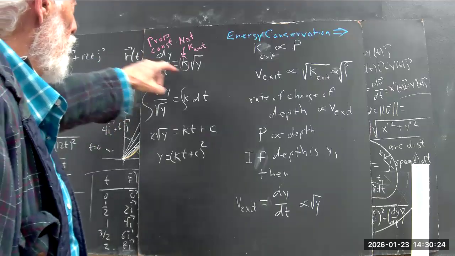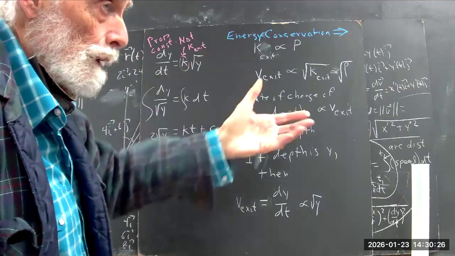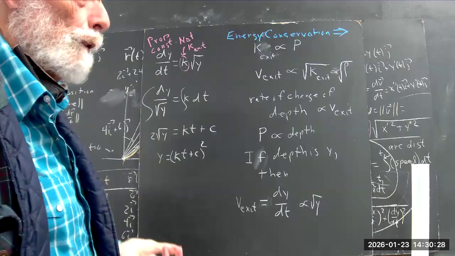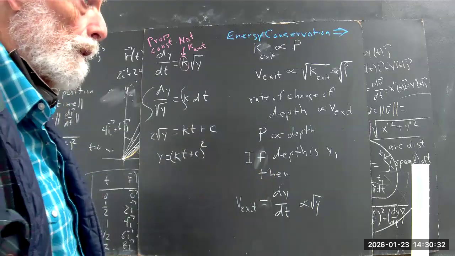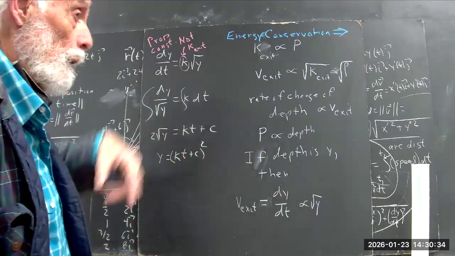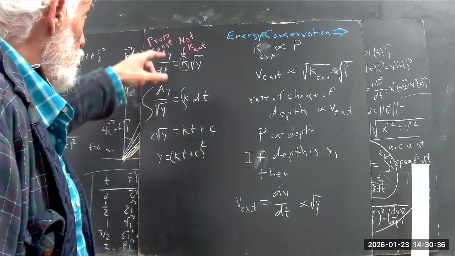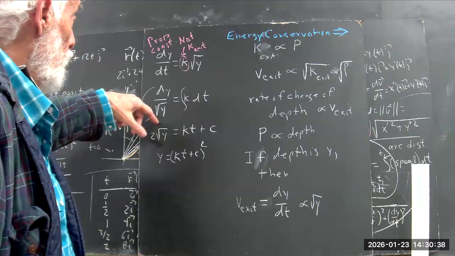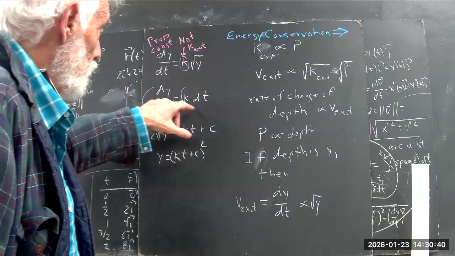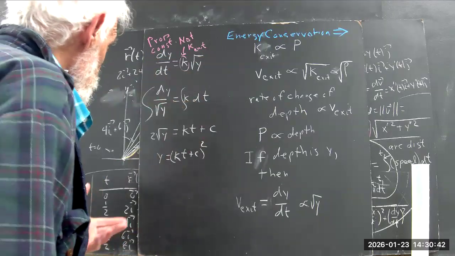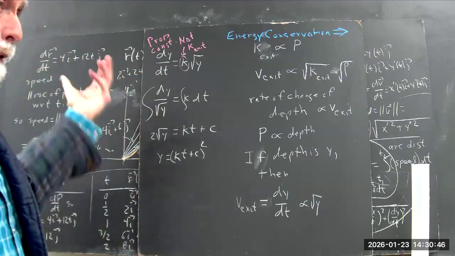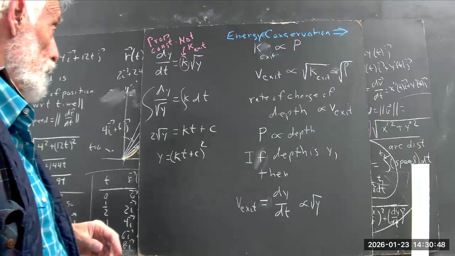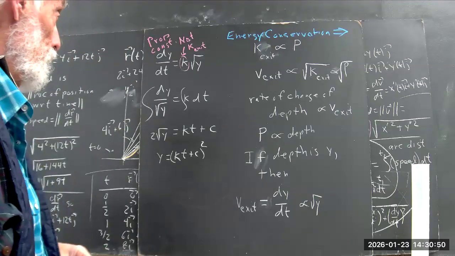So how do we solve this? Well, everybody in the class has had differential equations. You don't even need differential equations. In first semester calculus, you usually solve a problem like this. You're just going to put the dy over the square root of y and the dt over here with the k, and then integrate. That's called a separable equation, and my differential equation students recognize it after thinking about it for a minute.